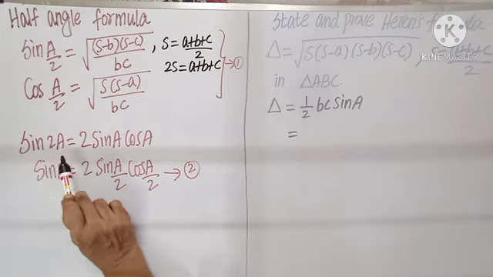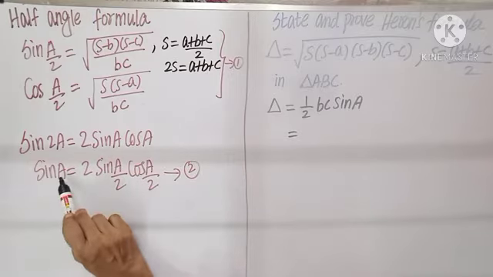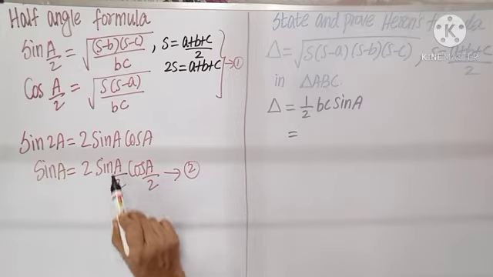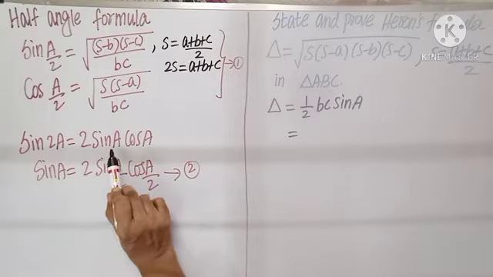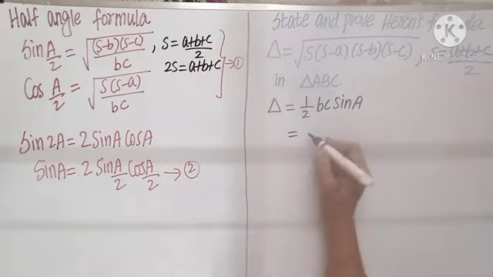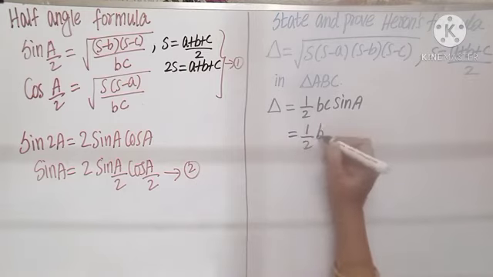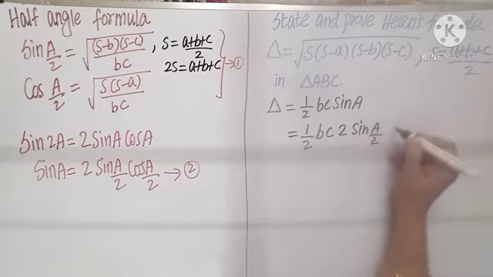Sin 2A is 2 sin A cos A. So, sin A will be 2 sin A by 2 cos A by 2. If 2A comes, it is A. If A comes, it is A by 2. So, we write half BC sin A as half BC into 2 sin A by 2 cos A by 2.